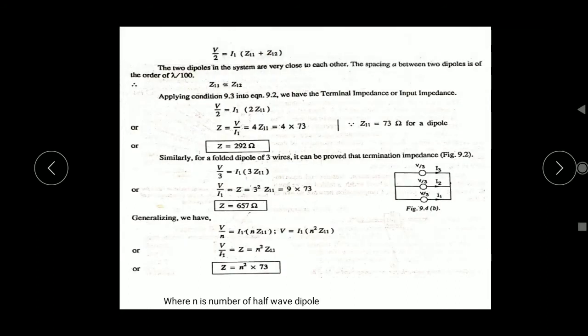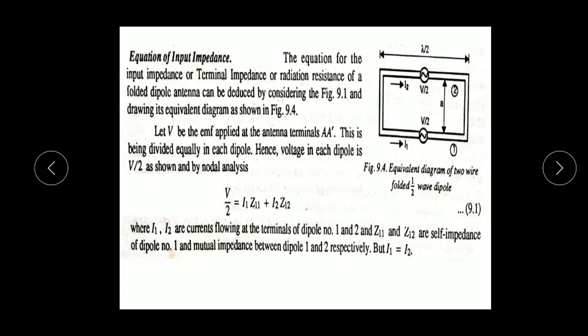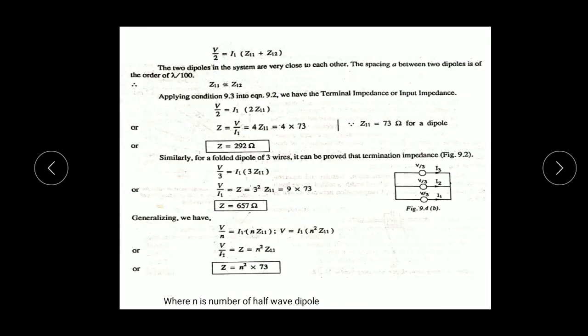So V by 2 equals I1 times (Z11 plus Z12) when I1 equals I2. Basically both dipoles are similar, so both have equal current flowing. In that case V by 2 equals I1 times (Z11 plus Z12).